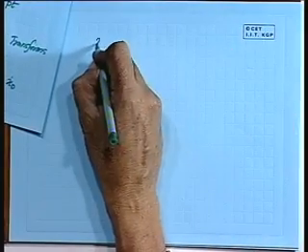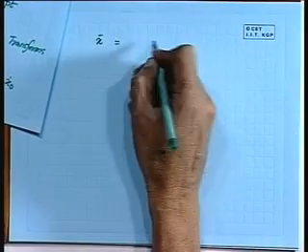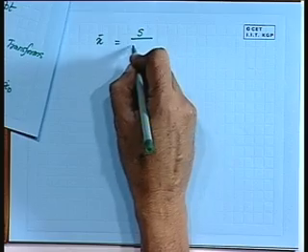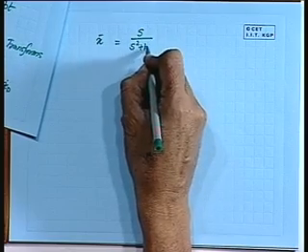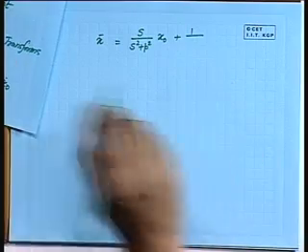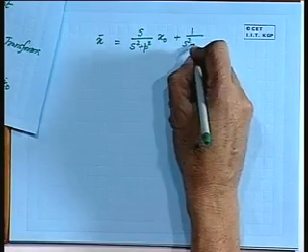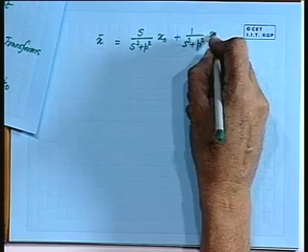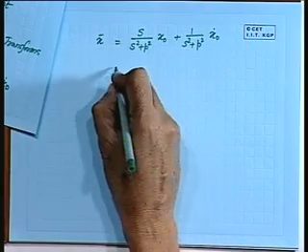I will reproduce it to start with the new page. So, x bar is equal to s by s square plus p square x0 plus 1 by s square plus p square x0 dot.